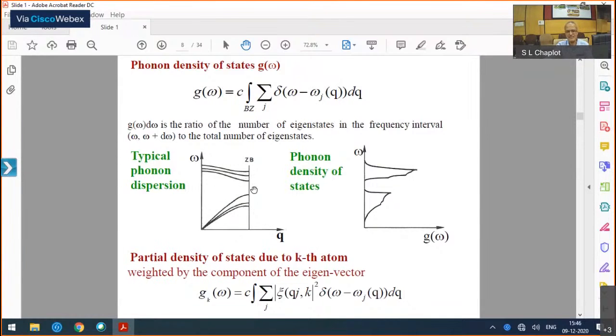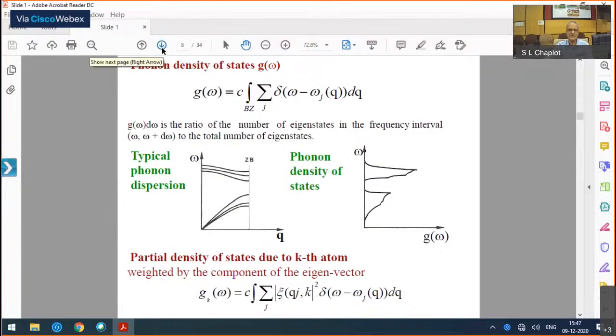The good part is that the number you get at the zone boundary, corresponding to the maximum frequency, is some effective number, because the zone boundary along different directions may be different. But a typical number gives a good indication of the order of magnitude, or rather better than that, a good indication of the average frequency cutoff.